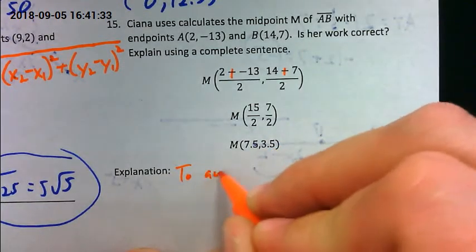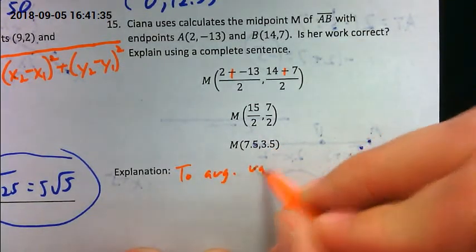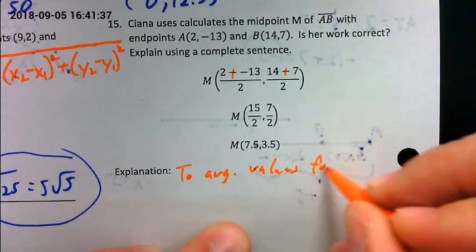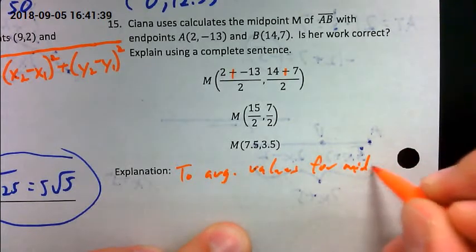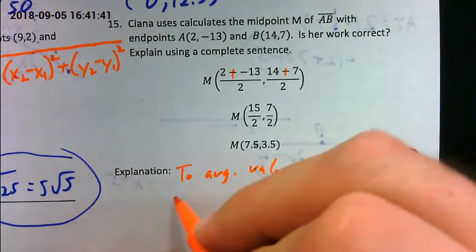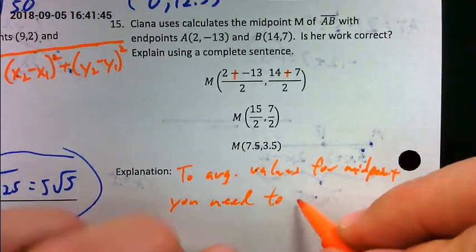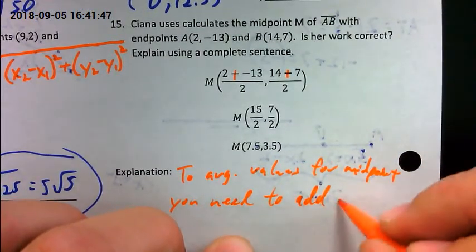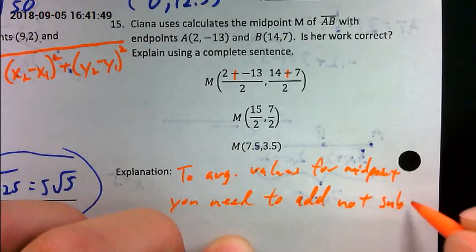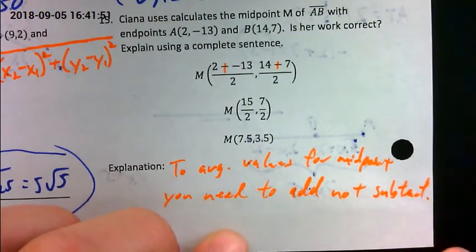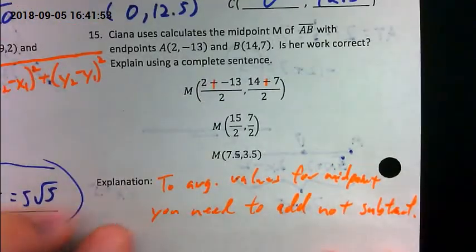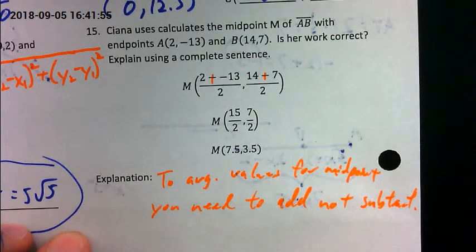To average values for midpoint you need to add, not subtract.